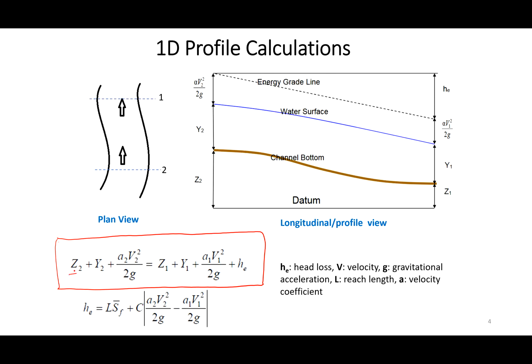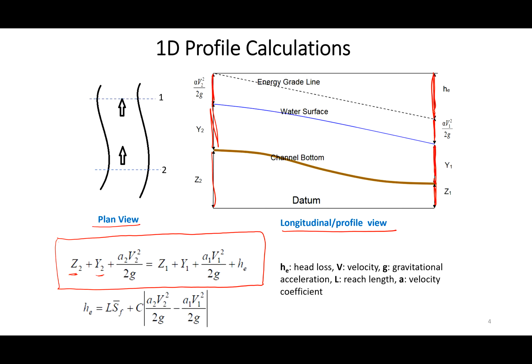That's the pressure term, that's the potential energy, that's the channel depth or the flow depth, and that's the velocity head. And then what you see here is the profile view and plan view. So z1, z2, y1, y2, that's the velocity head at section 1, that's the velocity head at section 2, and this is our head loss here.